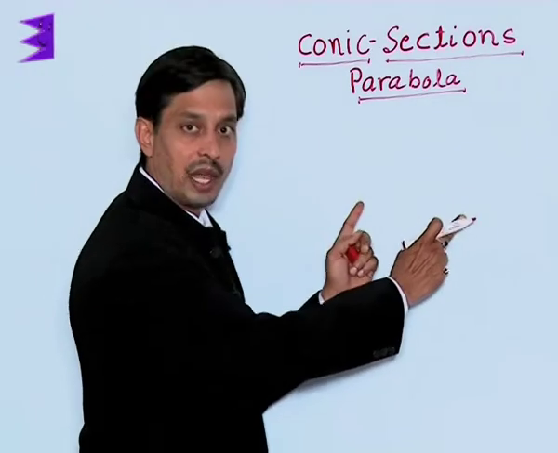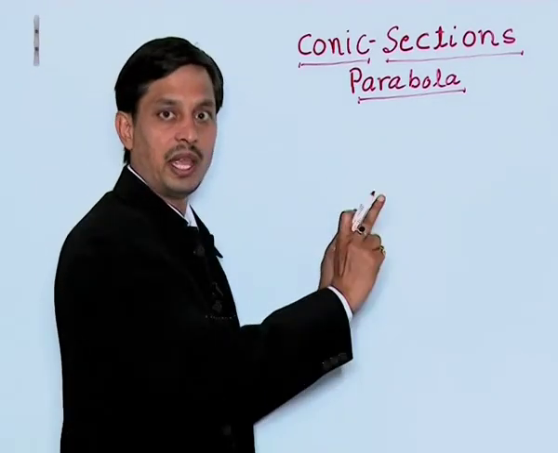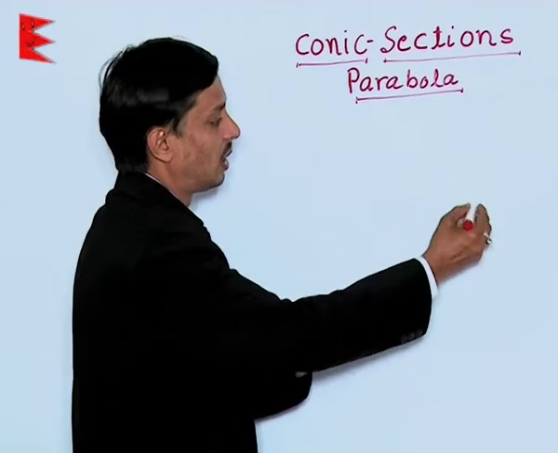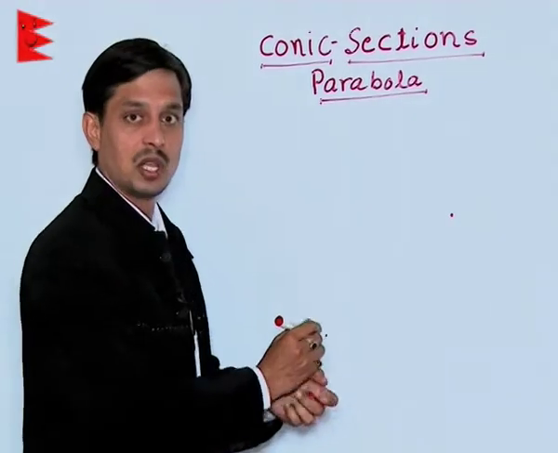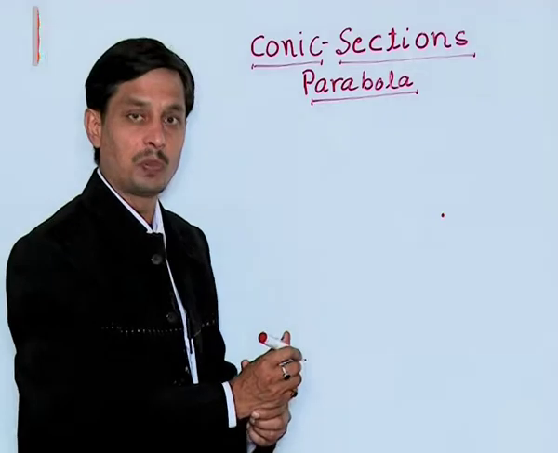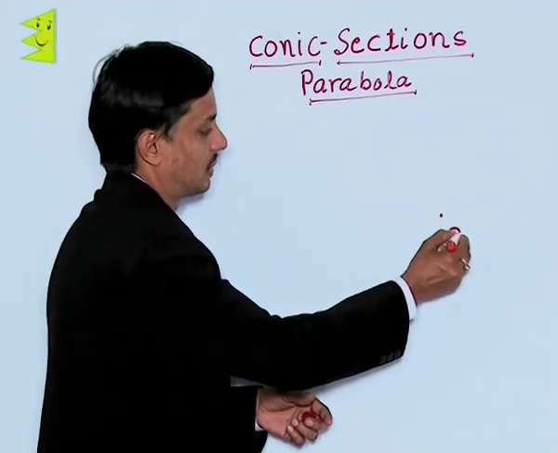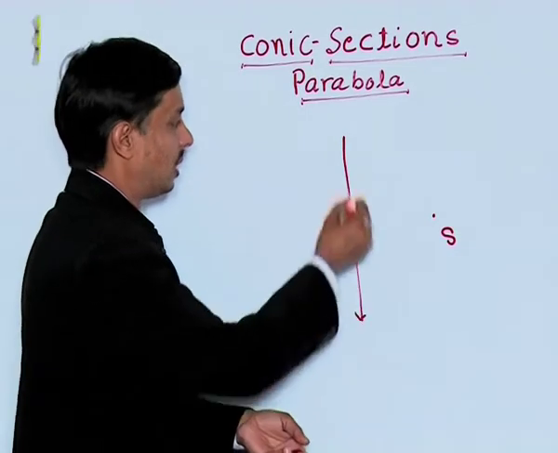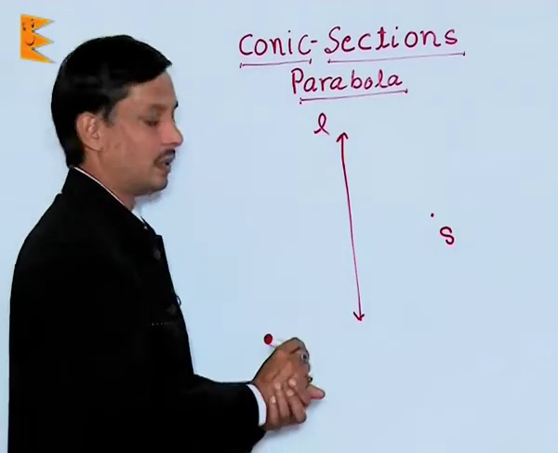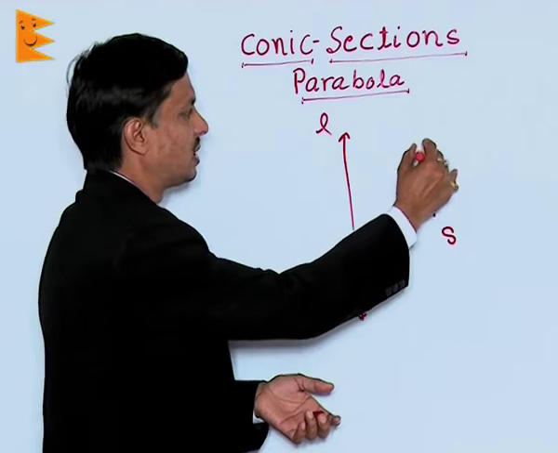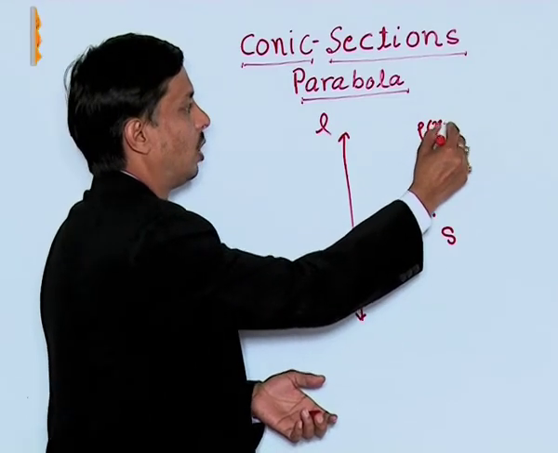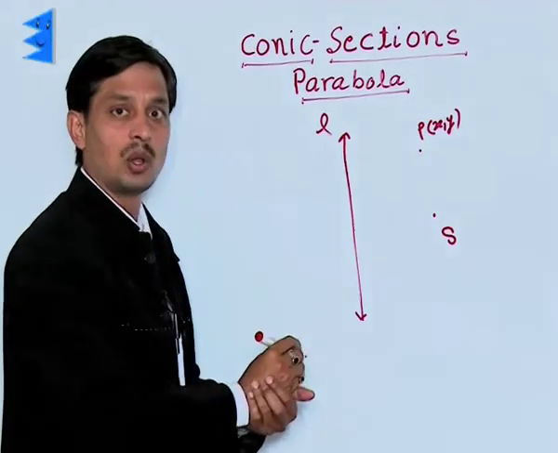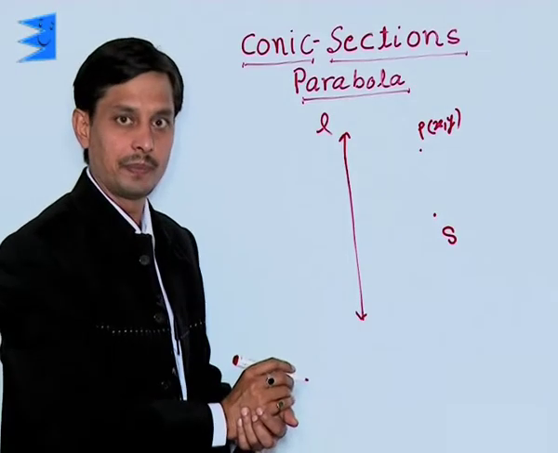If this is the plane, in this plane there is a fixed point. Suppose this point is the fixed point, say S, and there is a fixed line, say this line is L, and this is a movable point, x comma y is its location at any moment of time.